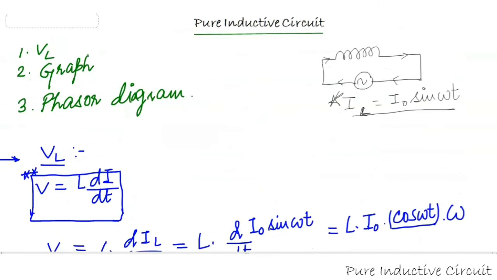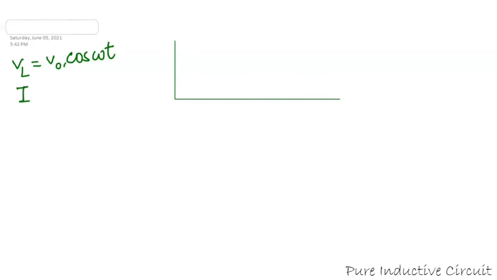Now the second part is the graph and the third is the phasor diagram. So let's see the graph. Let's take an xy coordinate. Now VL equals V naught cos of omega t, and IL equals I naught sine omega t.